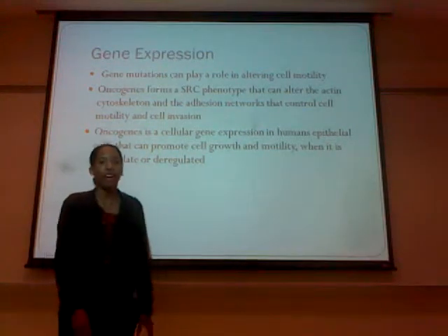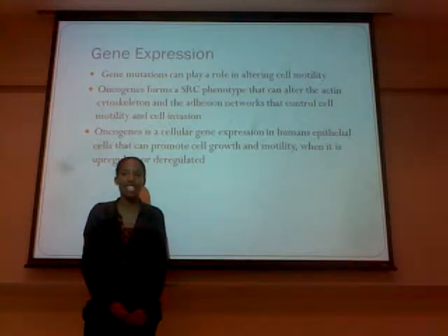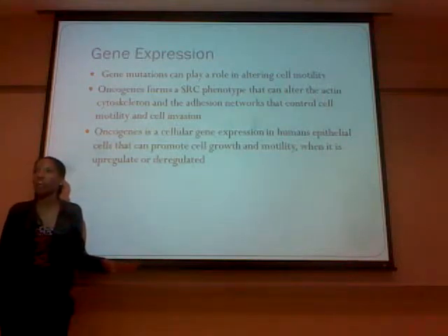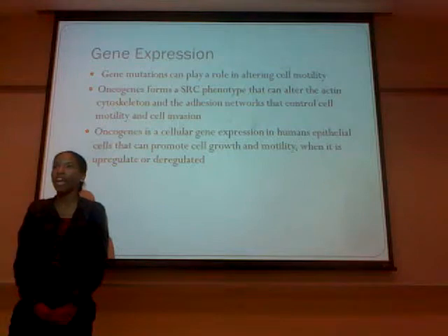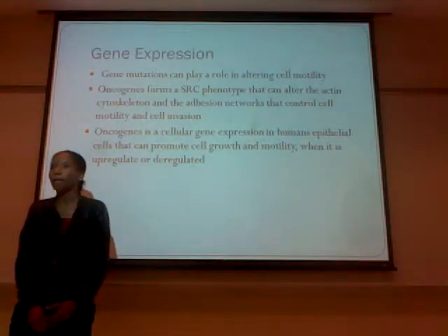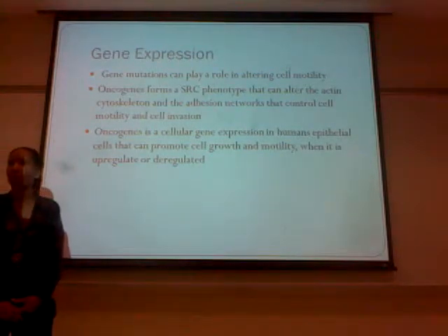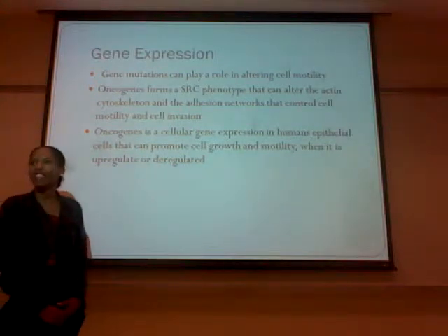Hello, I will be talking about how gene expression can play a role in cell motility and cancer. To start off, mRNA is a spatial component of gene expression, and non-coding RNA prevents motility by using transcriptional and post-transcriptional factors to regulate genes.